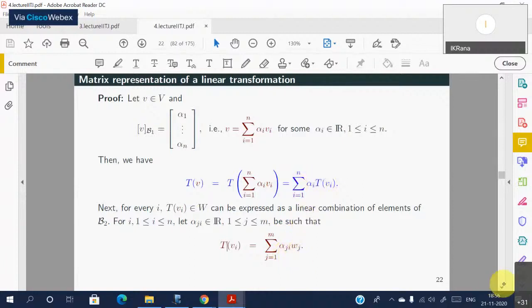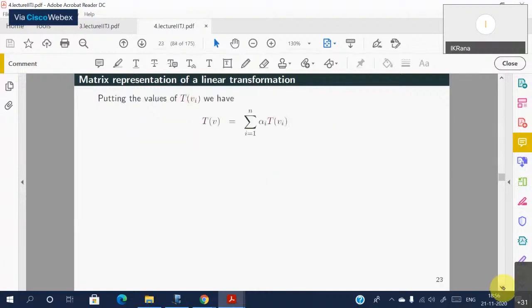Interchange the order of summation, and what you will get is the following. T of v will be equal to the summation over j equal to 1 to m of the sum over i of alpha ji alpha i, where alpha i were the original coordinates of v, times wj.